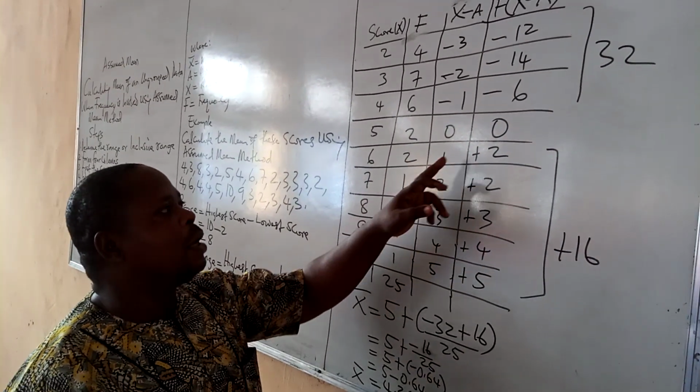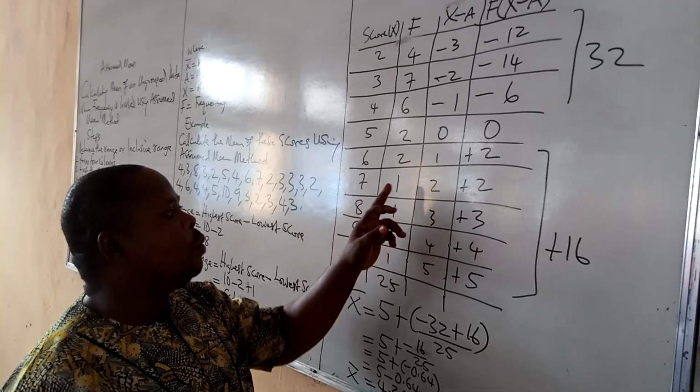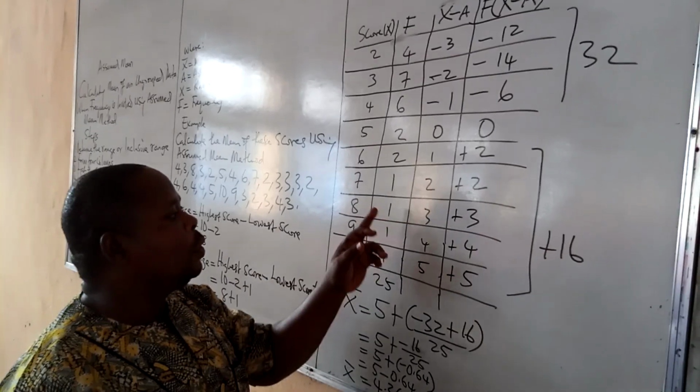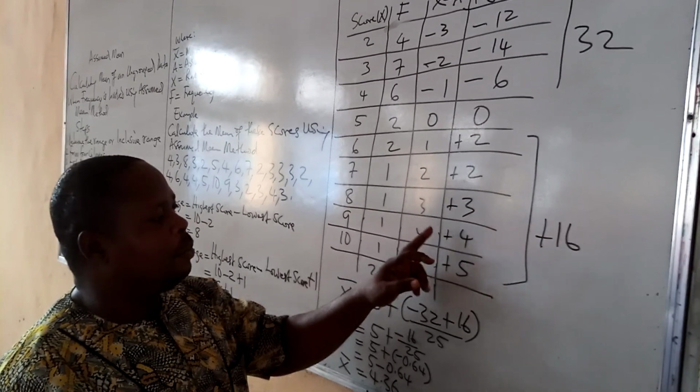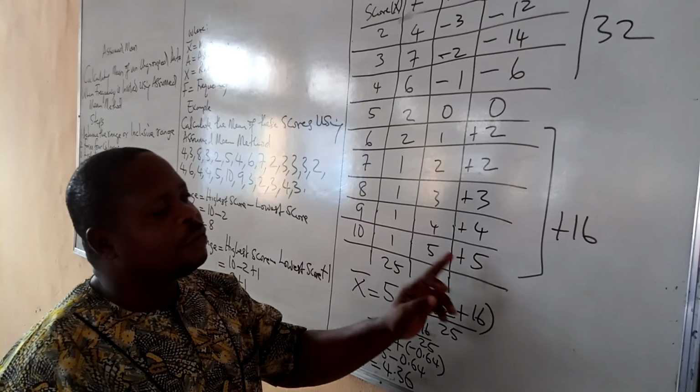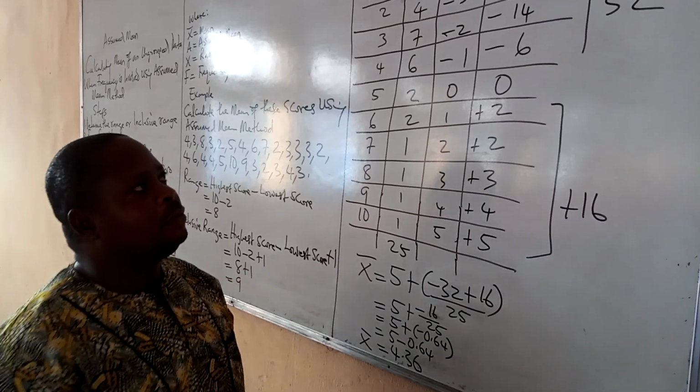Then 2 times 1 is plus 2. 1 times 2 is plus 2. 1 times 3 gives plus 3. 1 times 4 is plus 4. 1 times 5 gives plus 5.